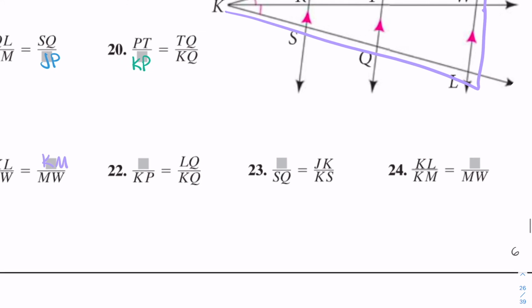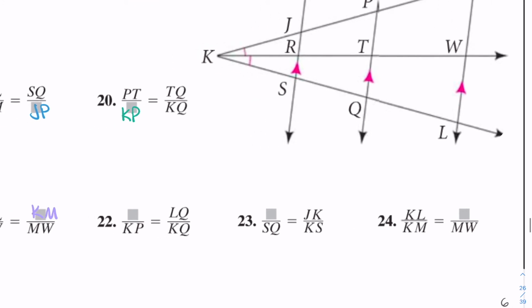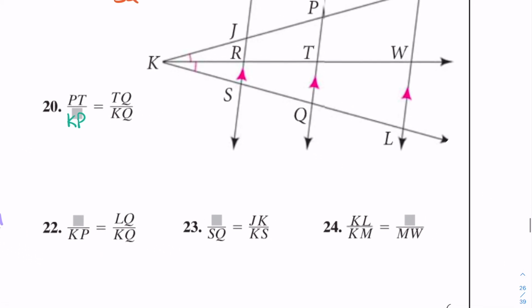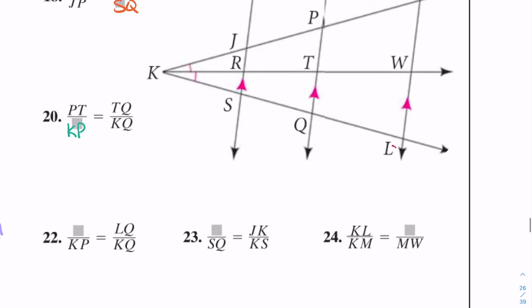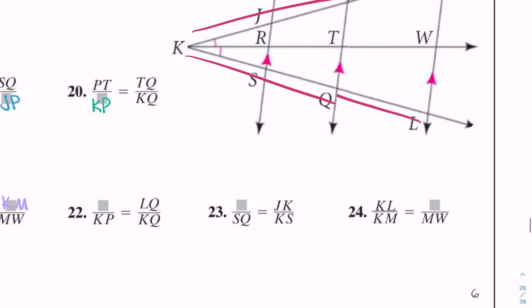All right, we have LQ, KQ. Let's see, LQ and KQ and KP, and we'll have to do MP.